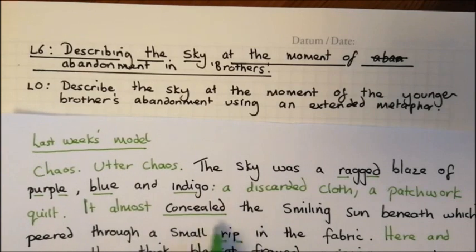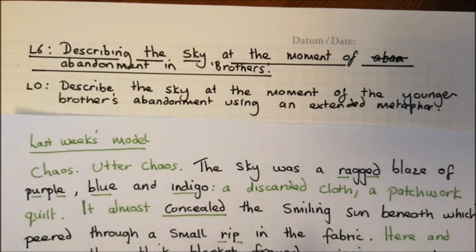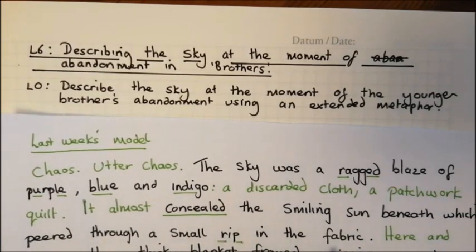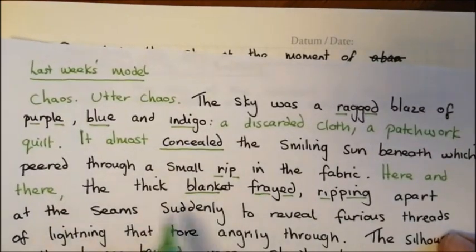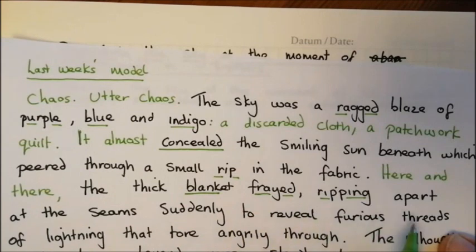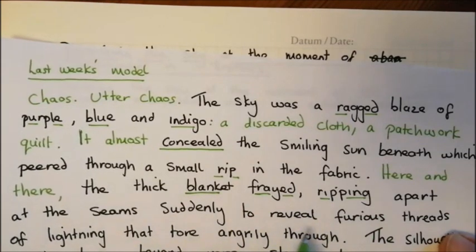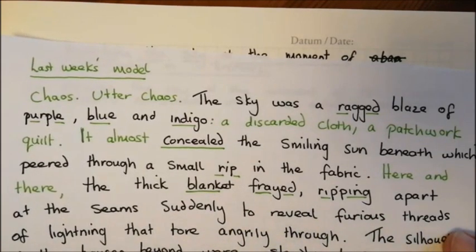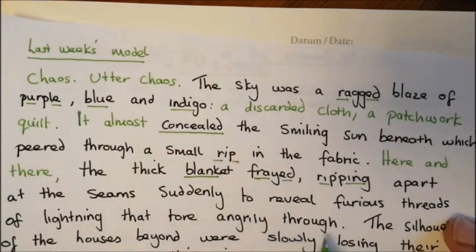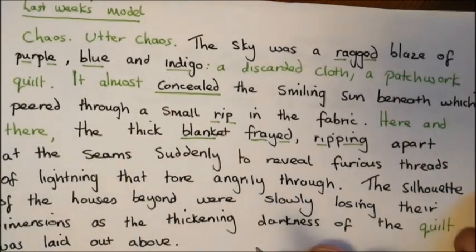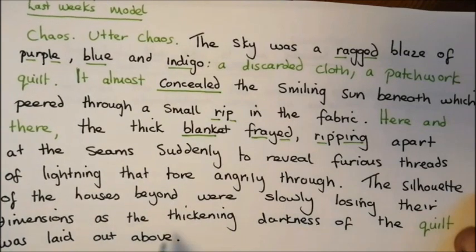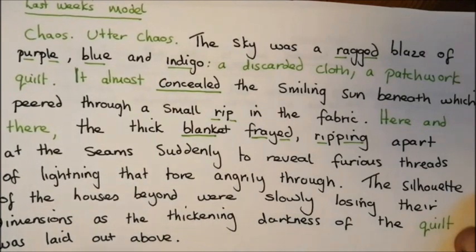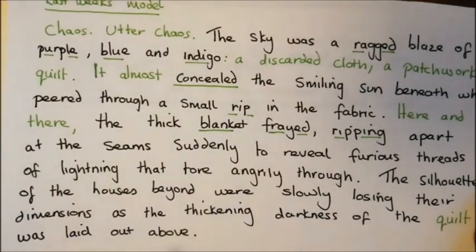It almost concealed the smiling sun beneath, which peered through a small rip in the fabric. Here and there, the thick blanket frayed, ripping apart at the seams suddenly to reveal furious threads of lightning that tore angrily through. The silhouette of the houses beyond were slowly losing their dimensions as the thickening darkness of the quilt was laid out above.